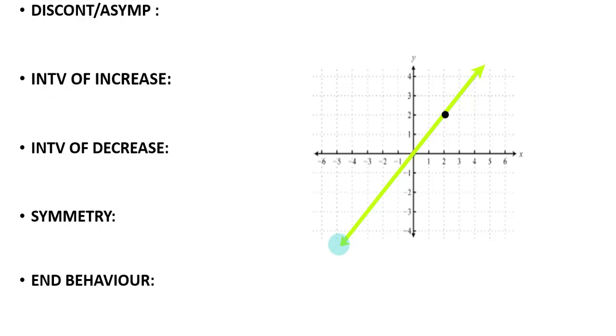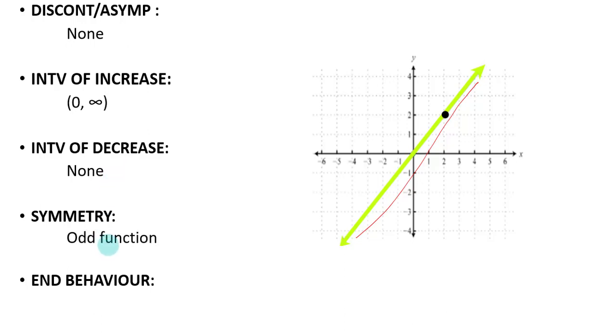As we move from left to right, we see that the value of y is always increasing as we move along the graph. So it has no interval of decrease, it only has an interval of increase, from negative infinity to infinity. Interval of decrease is none.